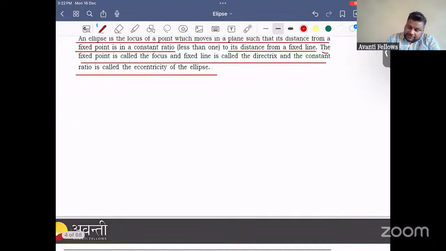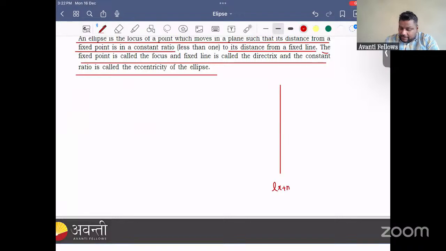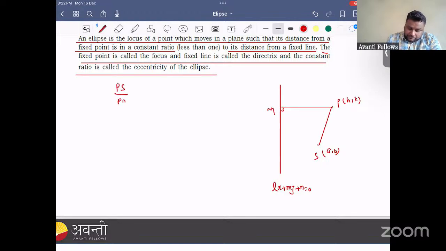Now see, let us assume this is the fixed line, Lx plus My plus N equals 0. Now this is a fixed point A comma B, S. Now there is a point P(h, k), which is moving in such a way that PS upon PM is E. Am I clear?